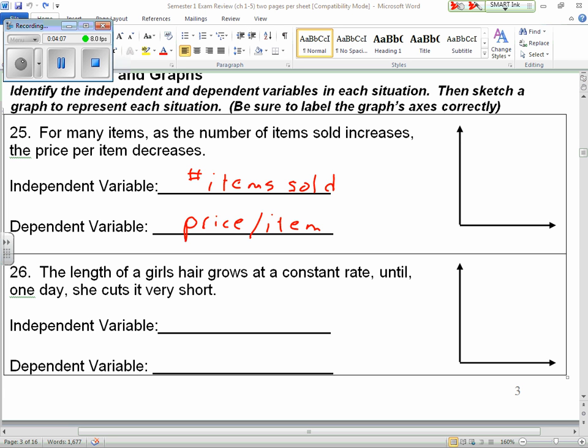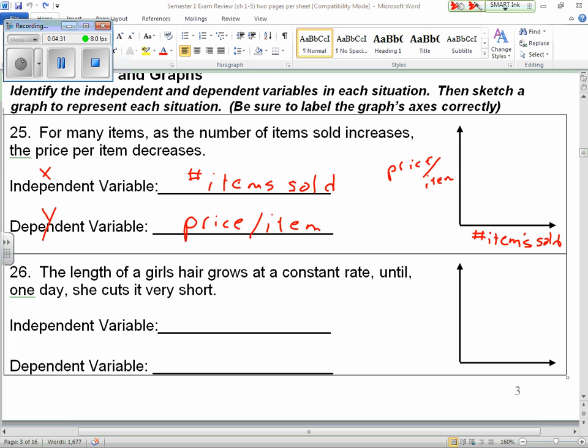The price per item is dependent upon the number of items sold. So independent is always going to be your x value. Dependent should always be on your y-axis. So you've got number of items sold down here on your x-axis. And then you have price per item on your y-axis.